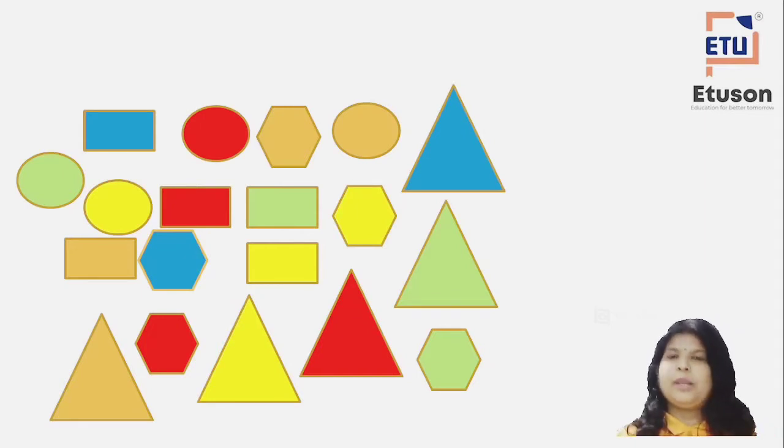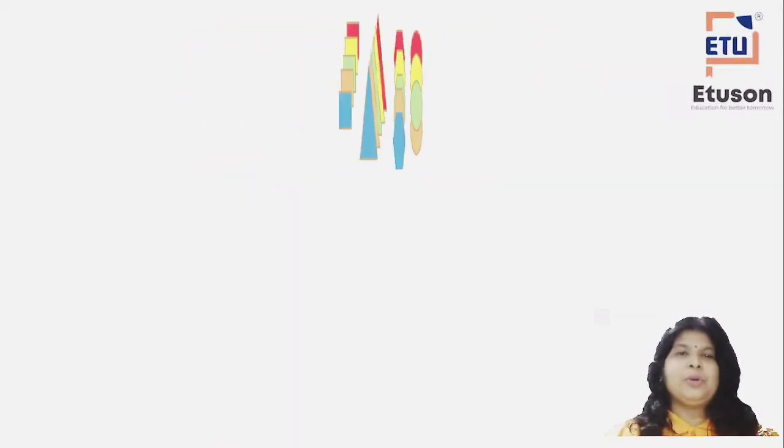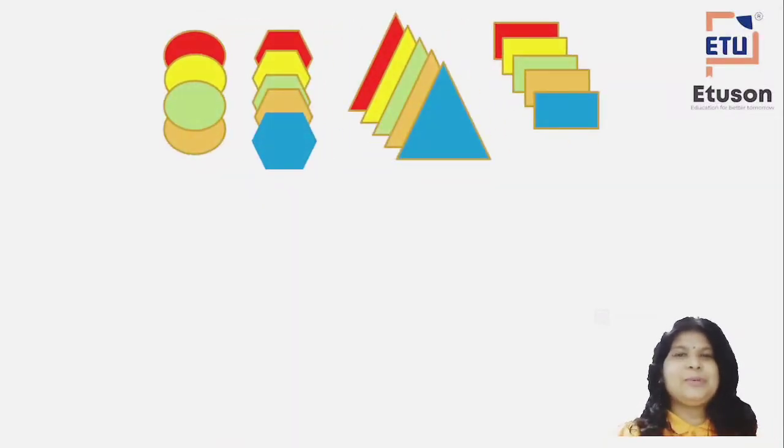Now I will ask you to organize it. So while organizing, you will have two ideas. One, you can arrange it according to the shapes, or you can arrange it according to the color. Correct or not? So if you arrange it according to the shapes, it will look something like this.